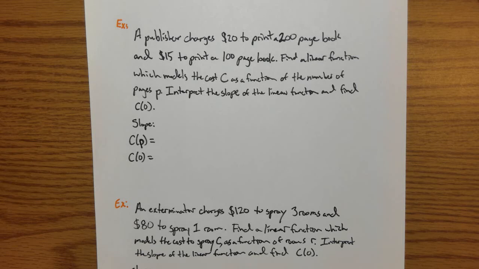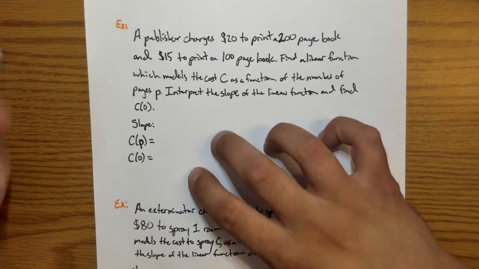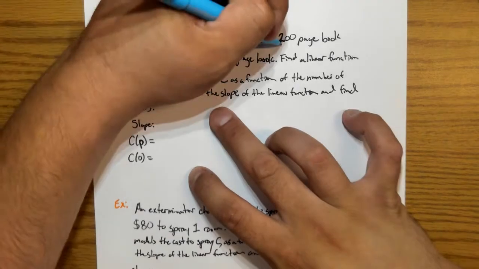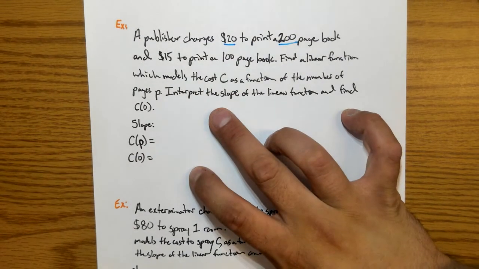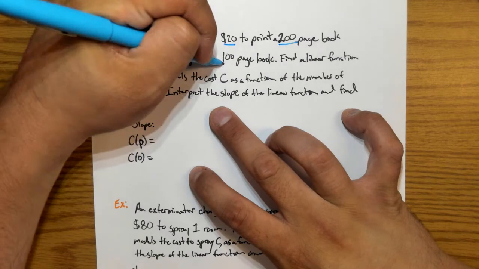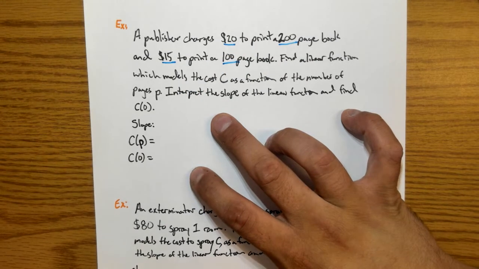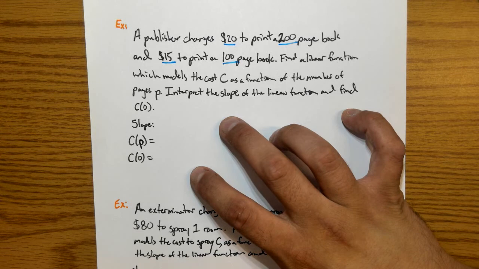So now notice we're given 2 points. And the points we're given is it costs $20 for 200 pages and $15 for 100 pages. Those are 2 points right there. We just need to determine what our x and what our y is, or in this case c and p, right?